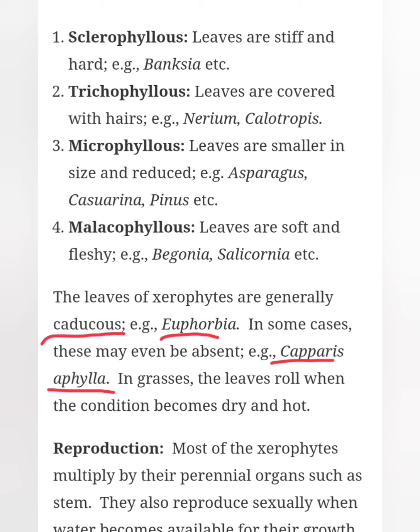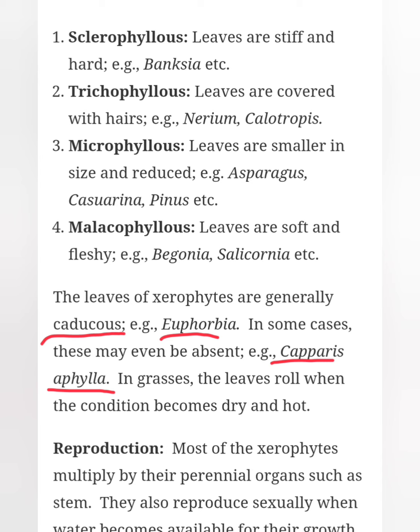So in grasses which are xerophytes, the leaves usually roll when the climate becomes very dry in order to prevent transpiration. So these are the morphological adaptations.